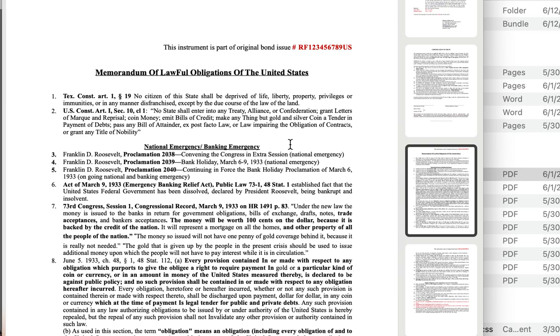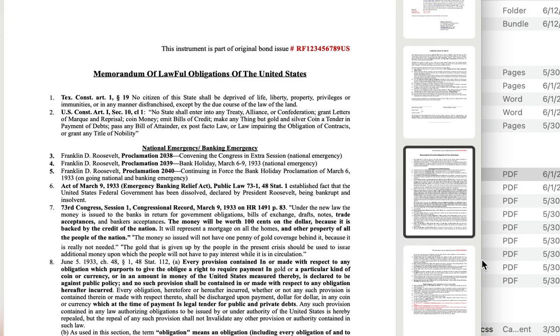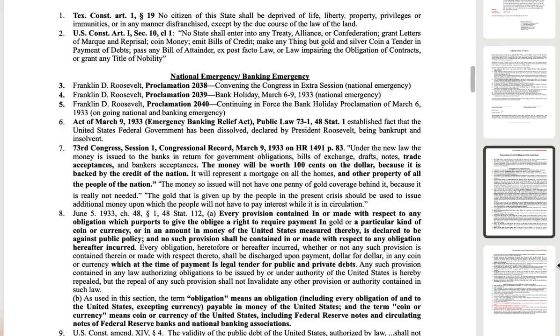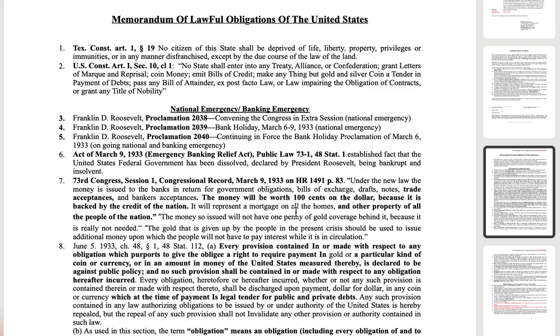All right, this looks like it right here. This is the Memorandum of Lawful Obligations of the United States.